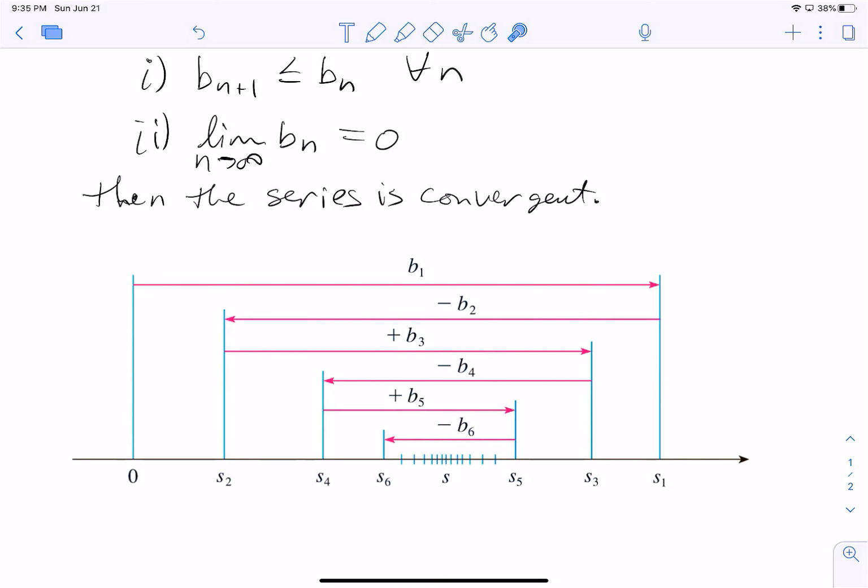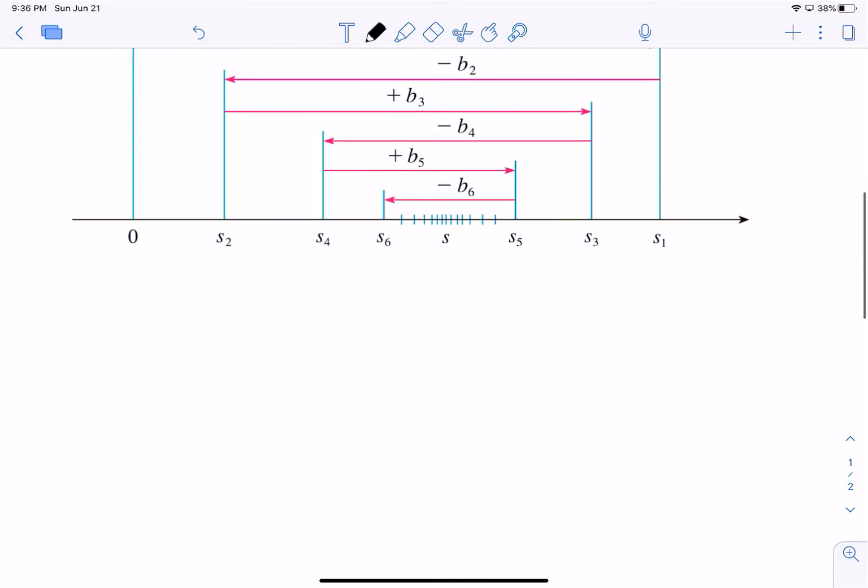And what we see is that all of the even partial sums, s_2, s_4, s_6, are to the left side of the picture. s_5, s_3, s_1, those are all odd partial sums. Those subscripts are to the right of our picture. And then the actual sum, S, is going to be somewhere between all of those. If you kind of stare at that for a bit, it'll make sense.